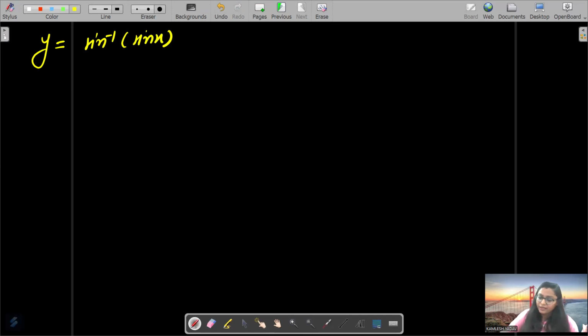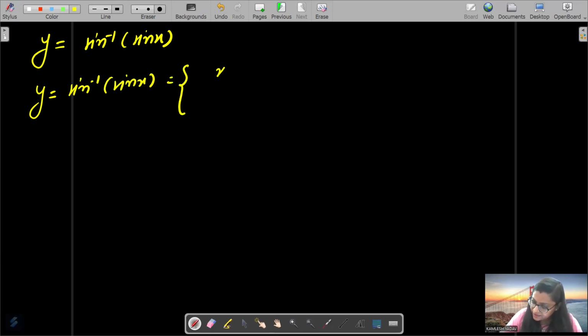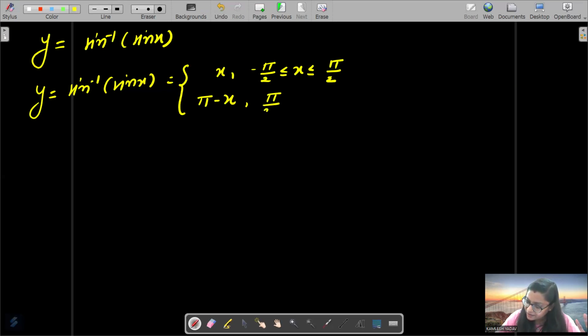So first of all, here the function sin inverse of sin x is defined as x where minus pi by 2 is less than or equal to x less than or equal to plus pi by 2. The next value is pi minus x, which is defined where pi by 2 is less than or equal to x less than or equal to 3 pi by 2.